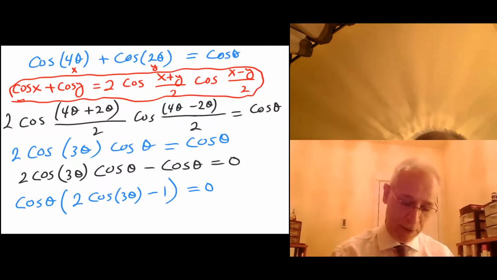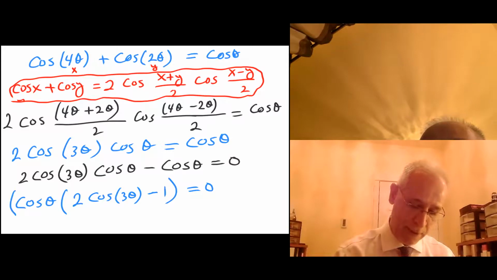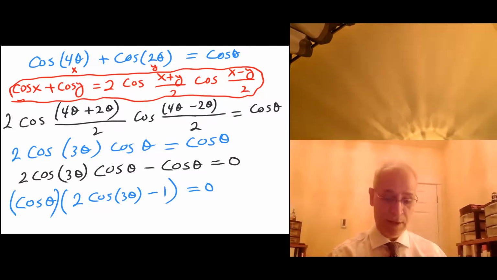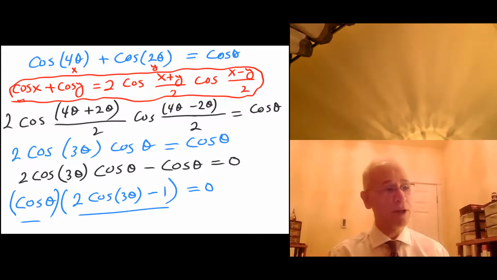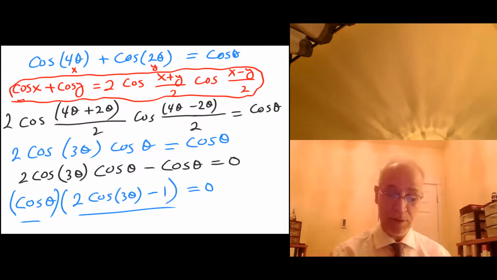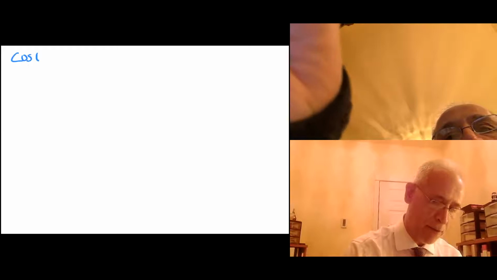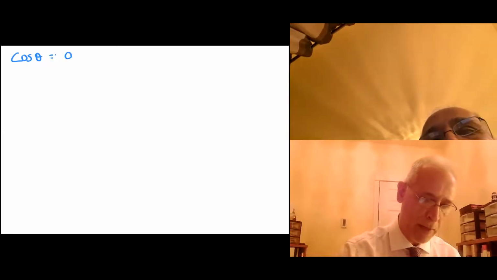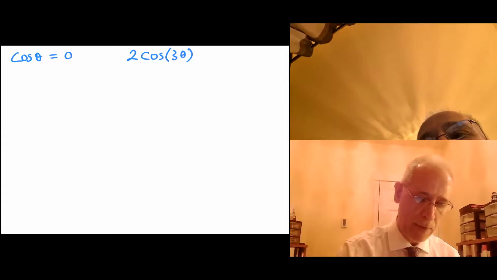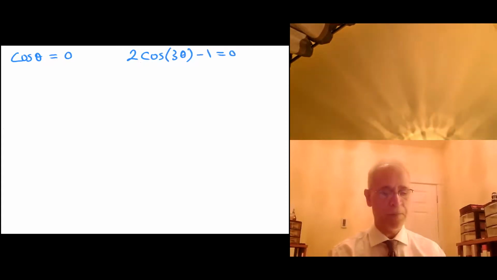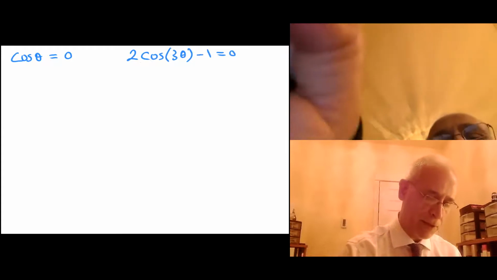I have a product: this times cosine theta, this times all this. So I can set them both equal to 0. Let me go to the next page and put cosine of theta equals 0 and 2 cosine of 3 theta minus 1 equals 0.